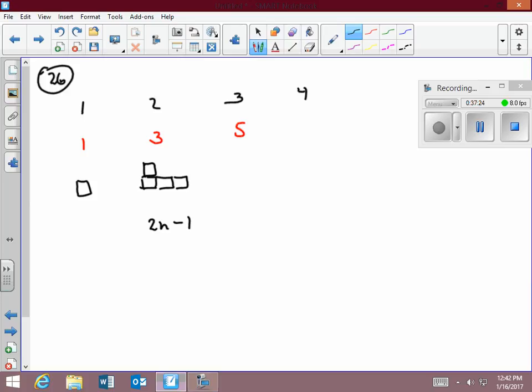Because every time what they're doing is they're putting 2 more on the bottom and 1 up on the top, right? When you're drawing it, they're putting 1 more up here, and then they're always putting 2 more up this way. So they're always adding 3.